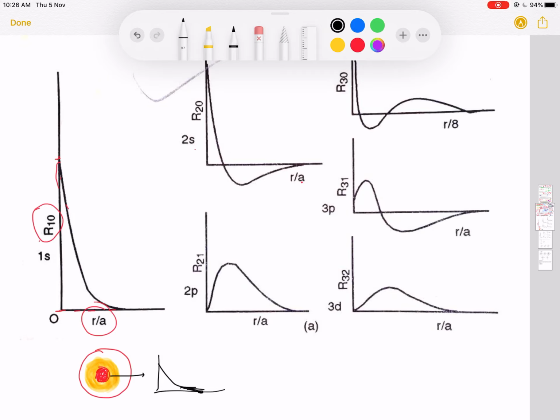Now for 2s, first the probability will decrease, then again it will increase. Why? Because in the second shell we add more electrons. Say we have lithium, which is 1s2, 2s1.